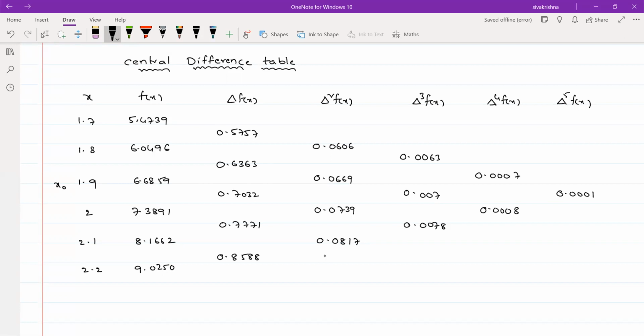Then the first value in the first difference should be delta f of minus 2, and the first value in the second difference should be delta square f of minus 2. I am not writing all the names, only the names of some terms. Coming to the third difference, second term.